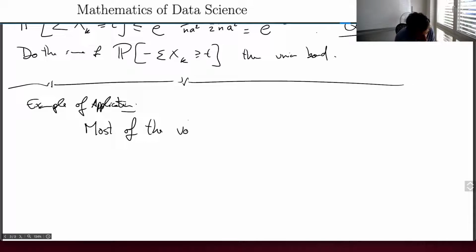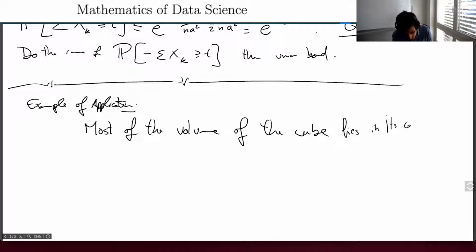Let's see another example. Remember when we said, a couple of lectures ago, that most of the volume of the cube lies in its corners.